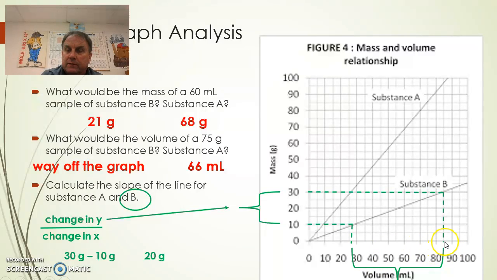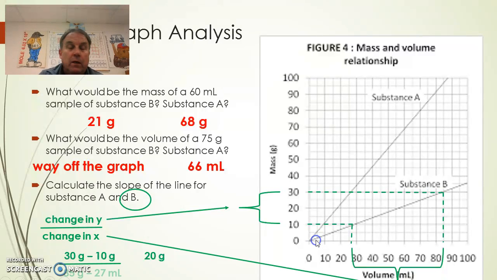We read this one, it's about halfway between the 80 and 90, and this one is a little more than halfway between 20 and 30. So 85 minus 27 gives us 58 milliliters. So 20 divided by 58 is 0.34, and grams divided by milliliters is grams per milliliter.